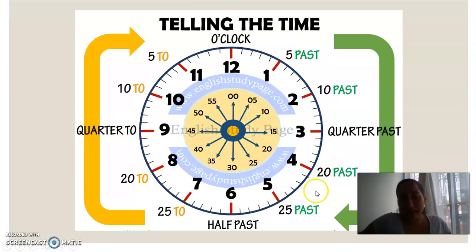Remember, past here and to this. In Spanish, past means pasadas las, minutos, tiempo, pasada la hora, y aquí en este to significa para la siguiente hora, minutos que nos faltan para la siguiente hora.